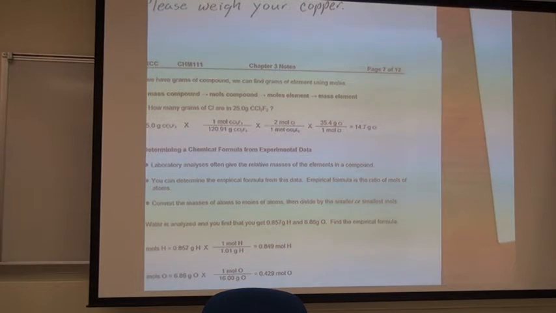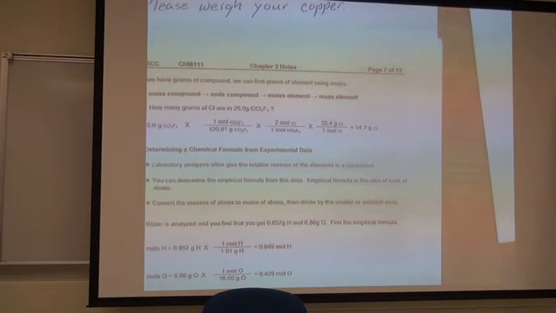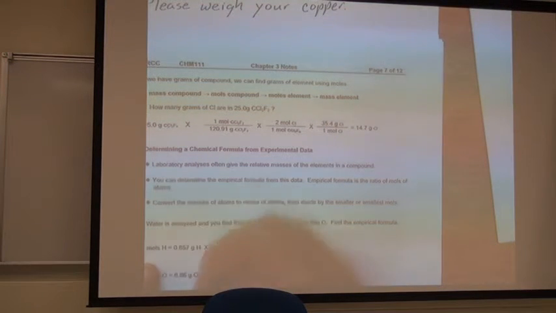Okay, if we have grams of compound, we can find grams of elements using moles. What this is about is you've got the mass of whatever compound you have, and you are looking for the mass of the element. Let me walk you through this.